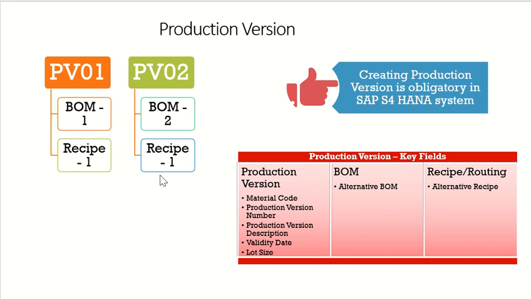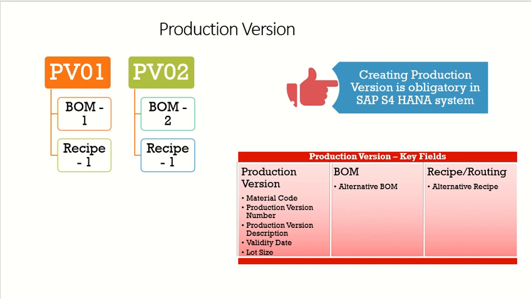In ECC this production version was not mandatory, but in HANA, production version is mandatory. It's obligatory. The production version key fields are mentioned here: material code, production version number, description, validity date, lot size, alternative BOM, alternative recipe.